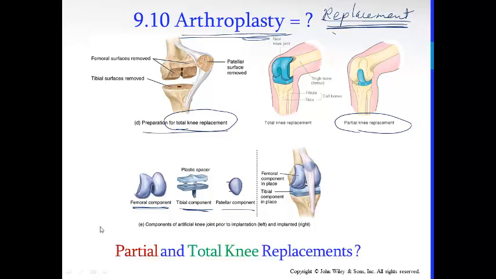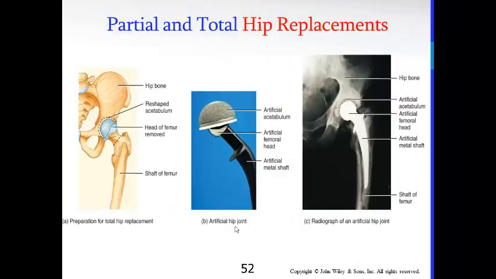Now, we could have either partial or total knee replacement depending on what the patient really needs. And we also could have partial or total hip replacements. For instance, for total hip replacement, they actually have to reshape the acetabulum on the hip bone, and they will have to remove the head of the femur and sometimes even install an artificial metal shaft onto it.